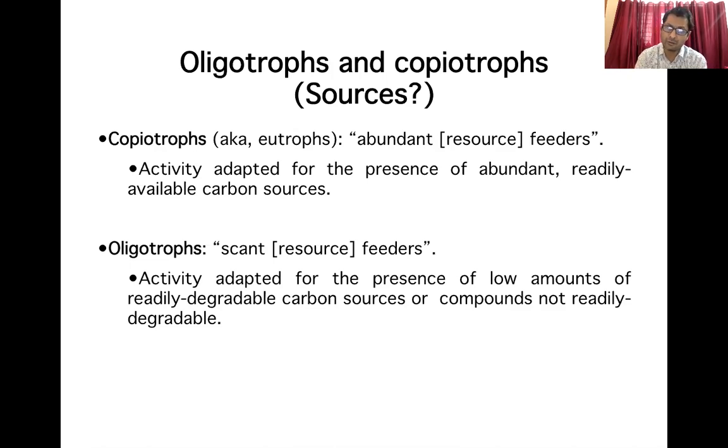On the other hand, oligotrophs are those which are adapted to the presence of a low amount of readily degradable carbon sources. They can adapt themselves to compounds not easily degradable, or even to a low concentration of readily degradable compound. So basically, oligotrophs are the autochthonous, and copiotrophs are mostly what we call zymogenous.